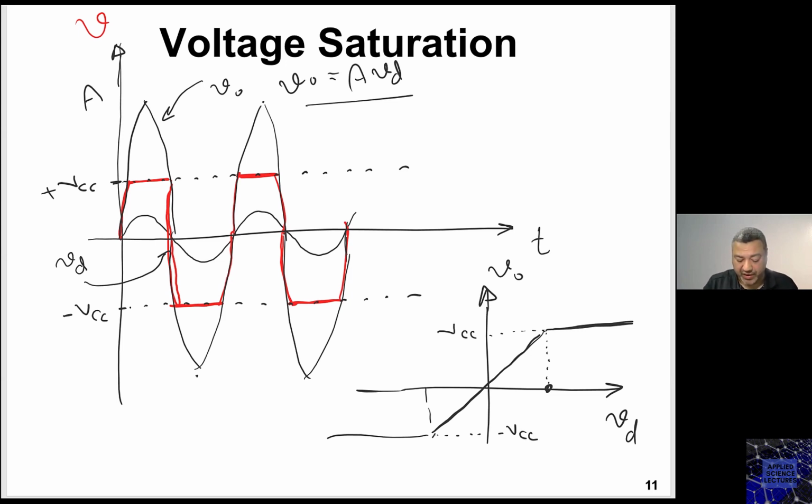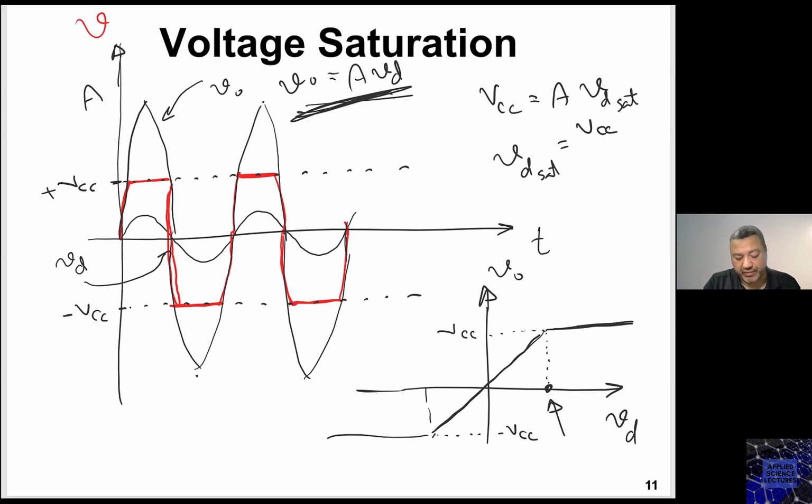If you want to calculate this, based on this equation, if you know the gain and you have V naught as VCC, this is V saturation, this is VD saturation, then VD saturation is indeed VCC over A. So this is the point that, if you exceed it at the input, definitely you're going to reach the saturation right here.